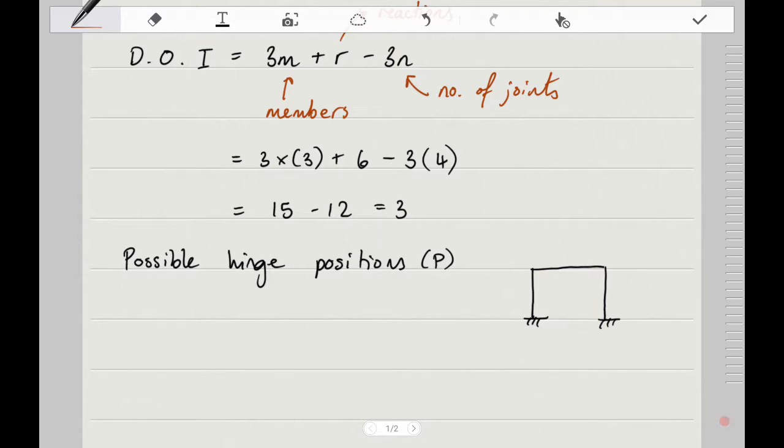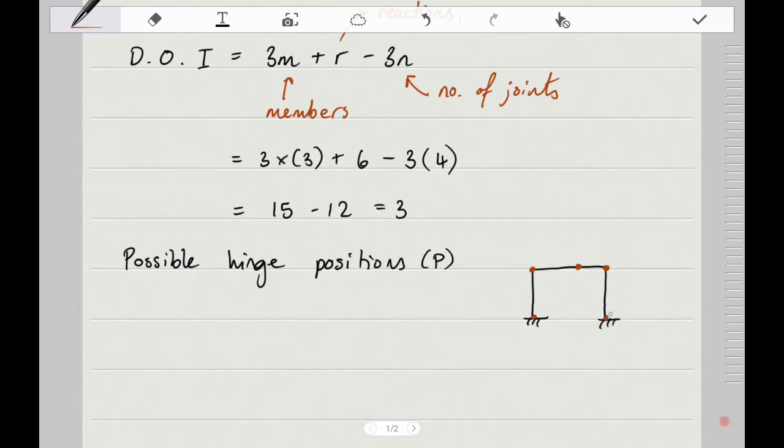Hinges form when there are max moment areas. Because we have a load being applied like this, and a load being applied like this, you would suspect a hinge forming here where that load is being applied, a hinge forming there as well, and you would suspect hinges to form on all other joints.